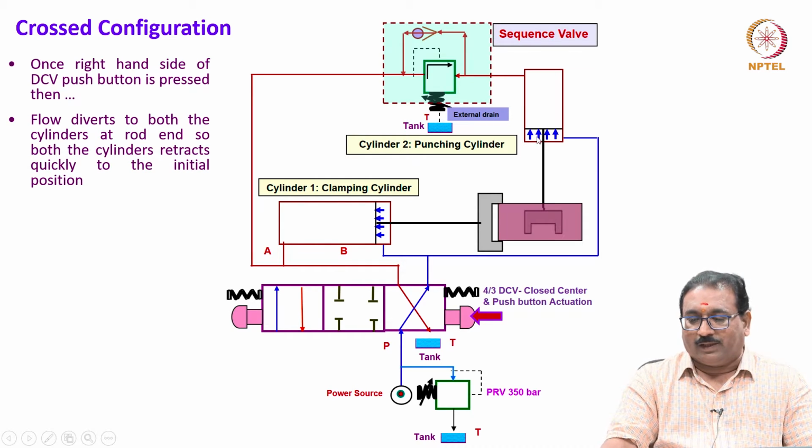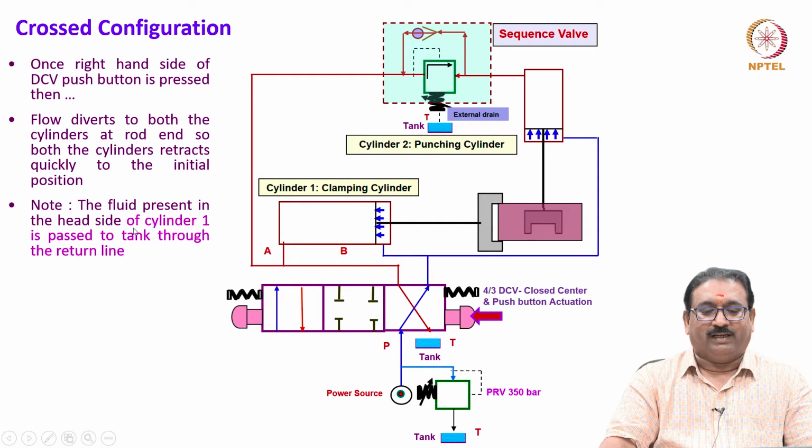But only one thing you will see here, friends: whatever flow is there at the head side, here in the sequence valve, you will see it will not go through the valve, it will bypass through the NRV, and move very fast here. Here only through the valve whatever is kept open, that is how the valve is designed. Here it will move faster than this cylinder.